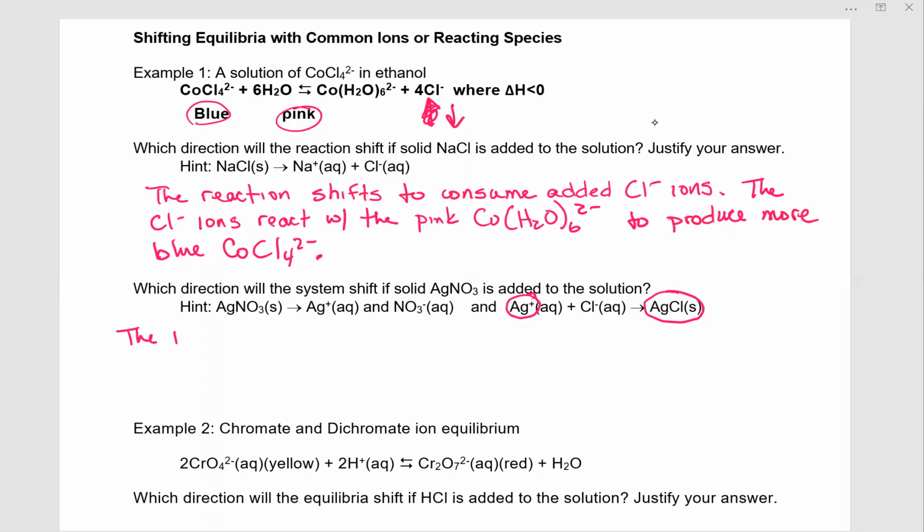The silver plus reacts with Cl minus to remove Cl minus from the system.